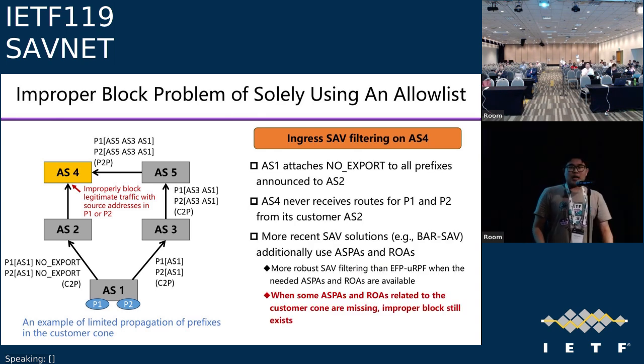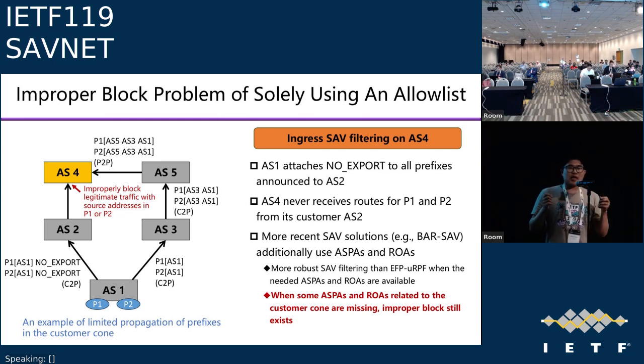To achieve more robust SAV filtering upon EFP-UIPF, more recent SAV solutions such as BAR-SAV suggest to additionally use ASPA or ROA data to generate a more robust SAV allow list filter.